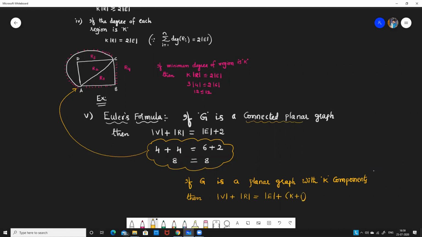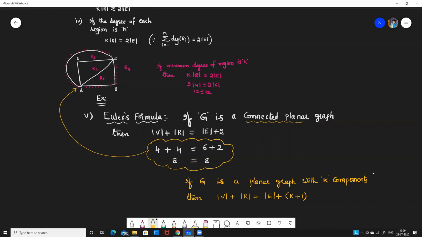K plus 1. Okay, it means that it is having k components, therefore we can write it as k plus 1. Clear? This formula is known as Euler's formula for k components.